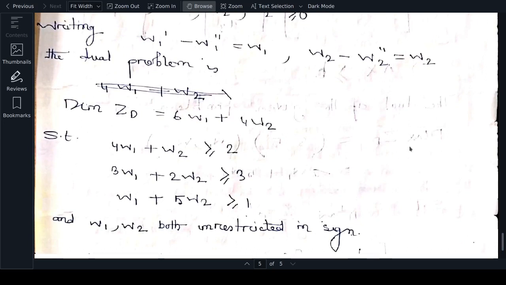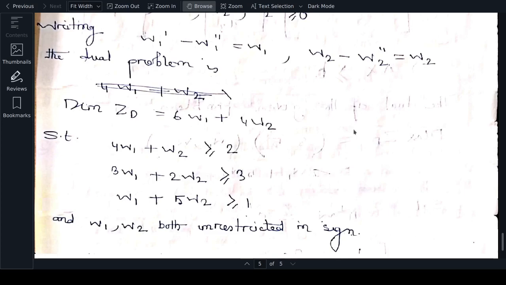Sometimes, after practicing this problem, you will try to write directly from primal to dual without writing all these steps. Sometimes when we use the dual to solve linear programming problems, we try to write the dual directly from seeing the primal, without writing the coefficient matrix and so on.